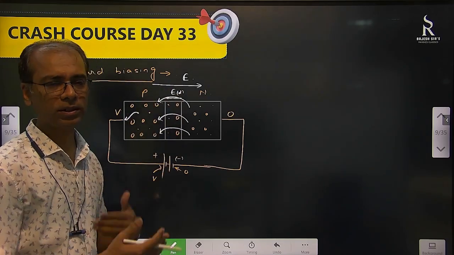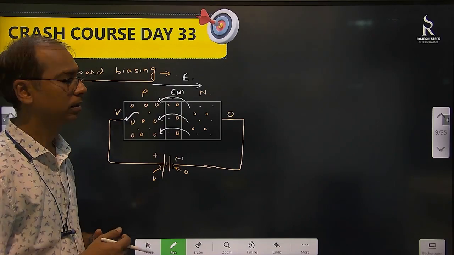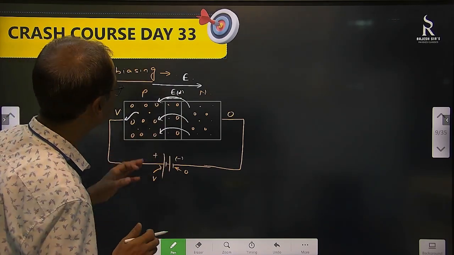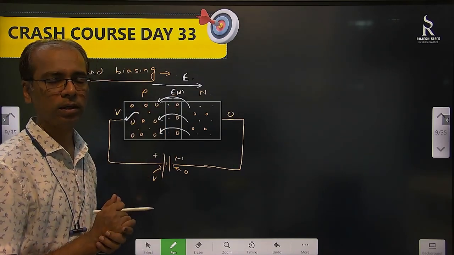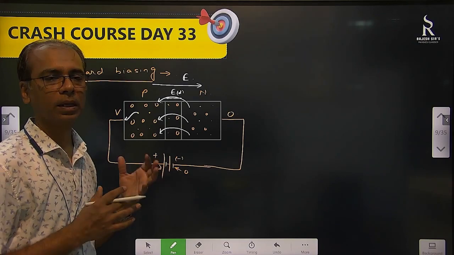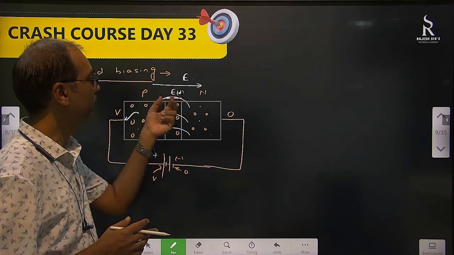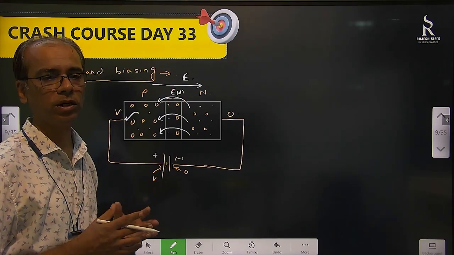So in all this, the conductivity is maintained. This is forward bias. But if we increase this external electric field slowly, when exactly will the current start? Only when our external field becomes greater than the barrier field are we going to get the majority of current.